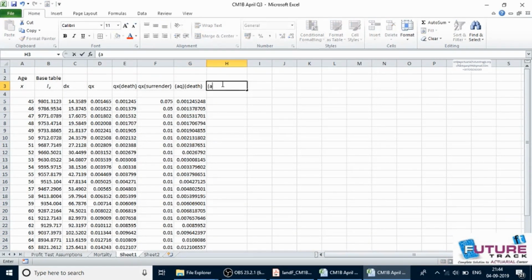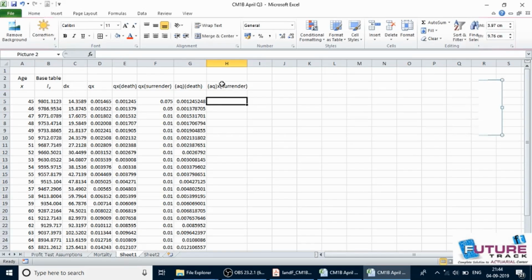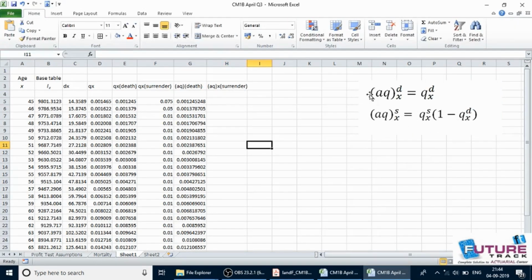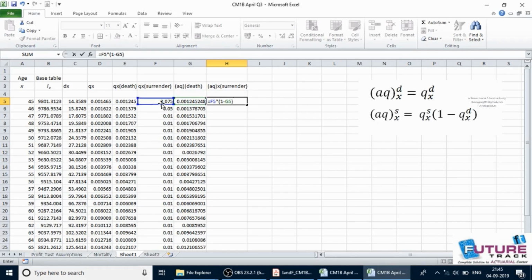Similarly, we have aqx surrender. So we are using these rates. So my formula for aqx death is qxd, and aqx surrender is what? We have qxs, that is this, 1 minus the people who survived, that is qxd.